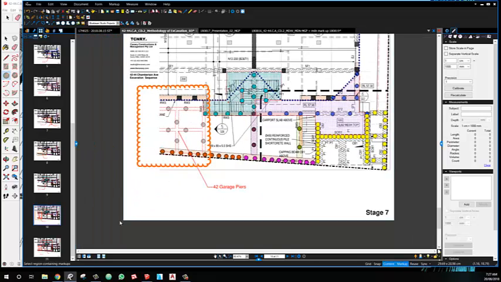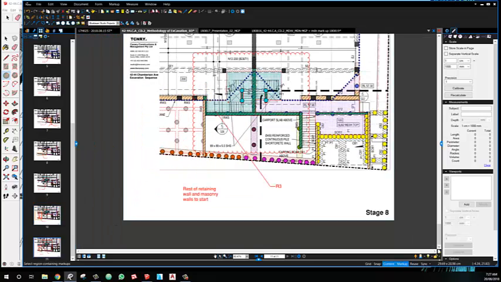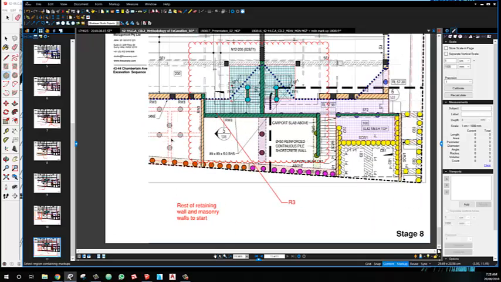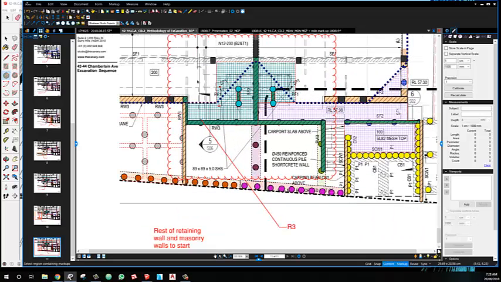Then the second garage at 44 Chamberlain is crucial, but it's not that critical at the moment. And then we can go with all the masonry walls and the tinsel walls that go on the elevator. So this is what we're proposing.